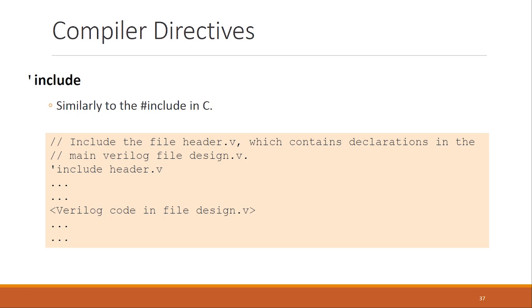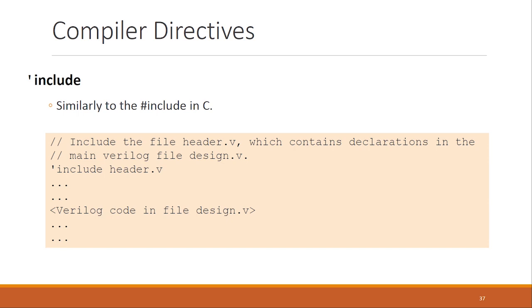This is also similar to the hash include construct you use in C. So if you want to include designs from other Verilog files, you can use the include compiler directive. And in the example, it has been given that you need to include the content in header Verilog file.